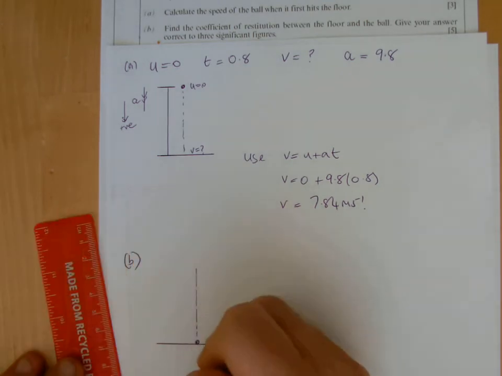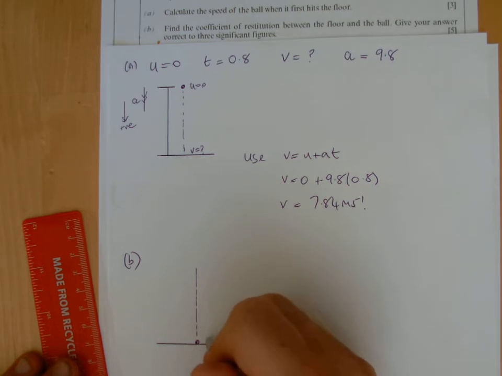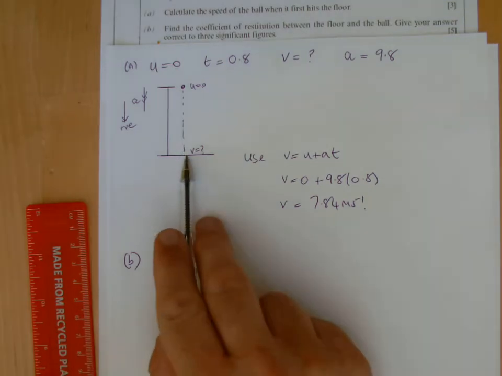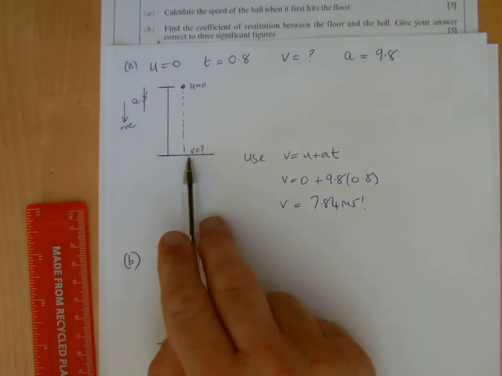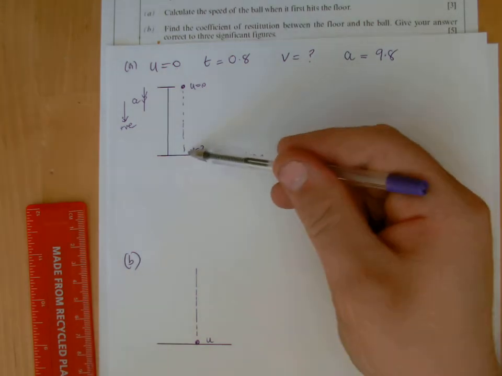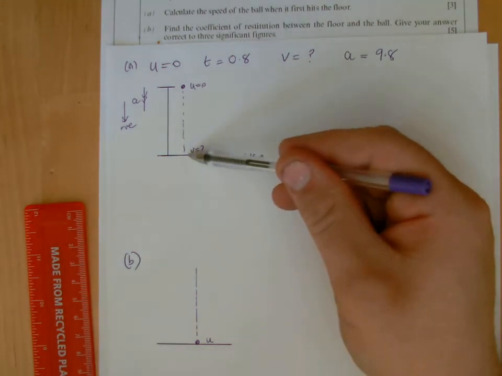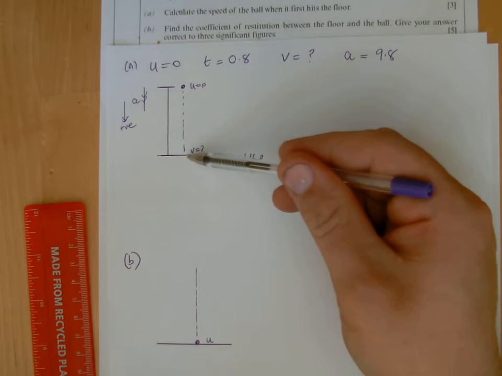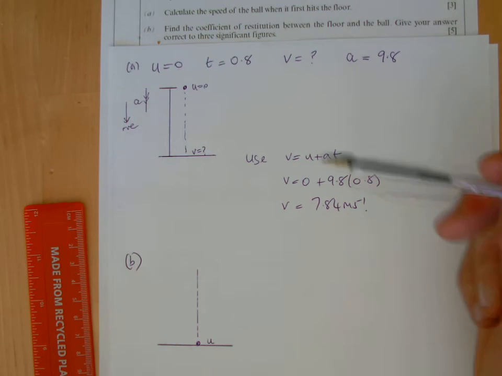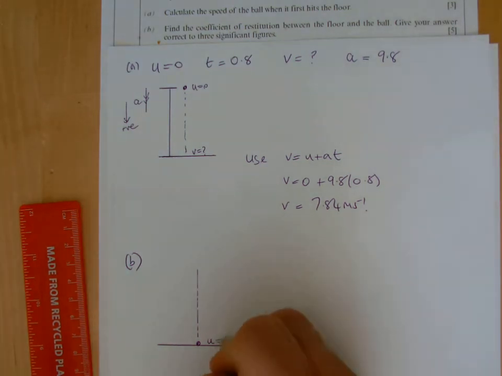But we don't know what that speed's going to be when it's bouncing upwards, because when it hits the ground, it's going to lose some speed. So even though it hits at 7.84 meters per second, it's not going to bounce up at 7.84 meters per second. It loses energy when it hits that ground, so when it bounces up, it's going to bounce up at a different speed. I don't know what that is, it doesn't tell me.